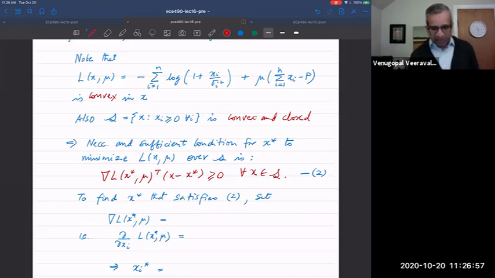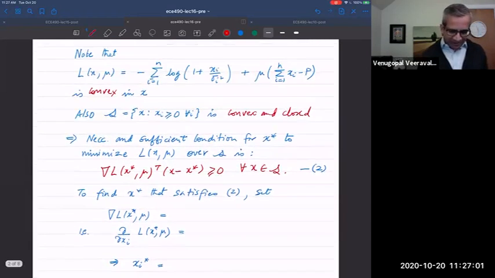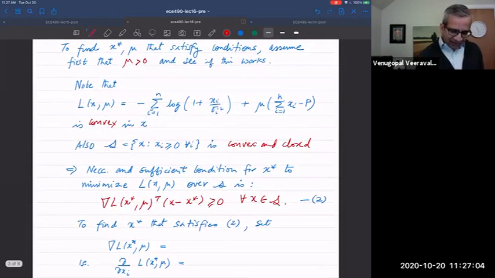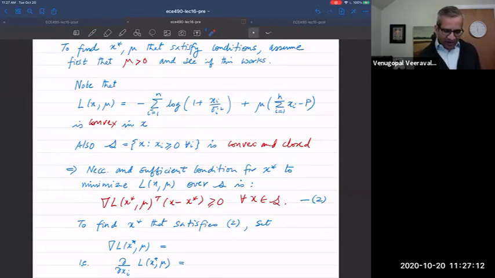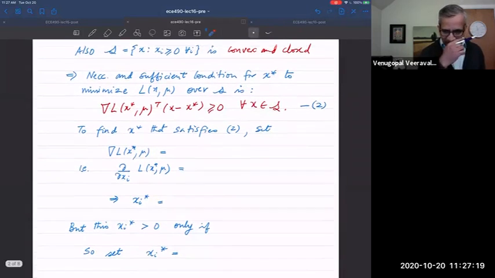You could also solve this problem separately using Lagrange multipliers, but we want to avoid that. That was not the point of this approach anyway. We want to avoid having to deal with many Lagrange multipliers, so let's see if we can avoid that.